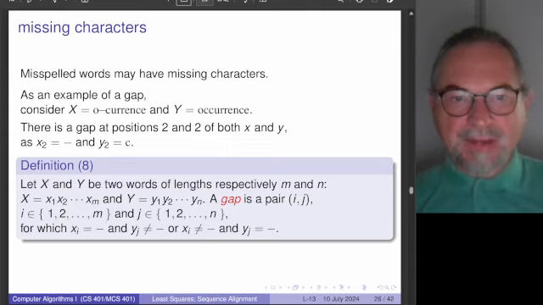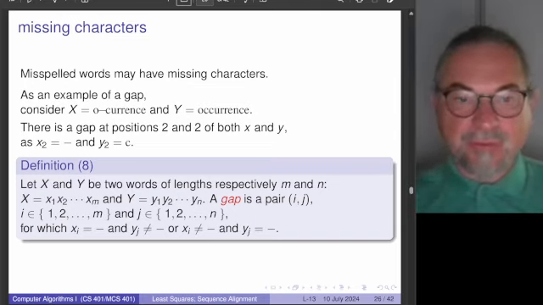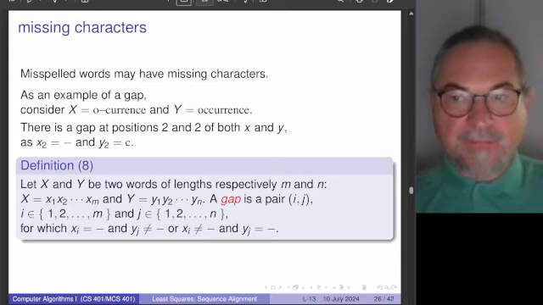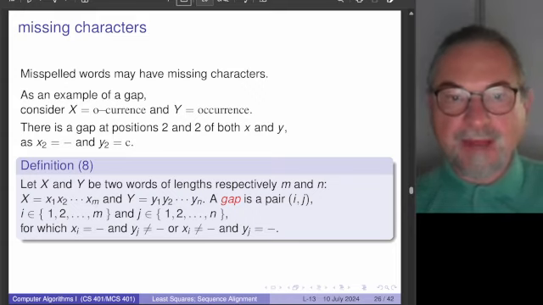So we have a gap, again in two words that are not necessarily of the same length. That's indicated by a pair of two indices, where at one position we have a dash that indicates a gap, and a normal character for position j in the second word, or we have it switched, where at position j of the second word we have a dash, but a normal character at position i of the first word.